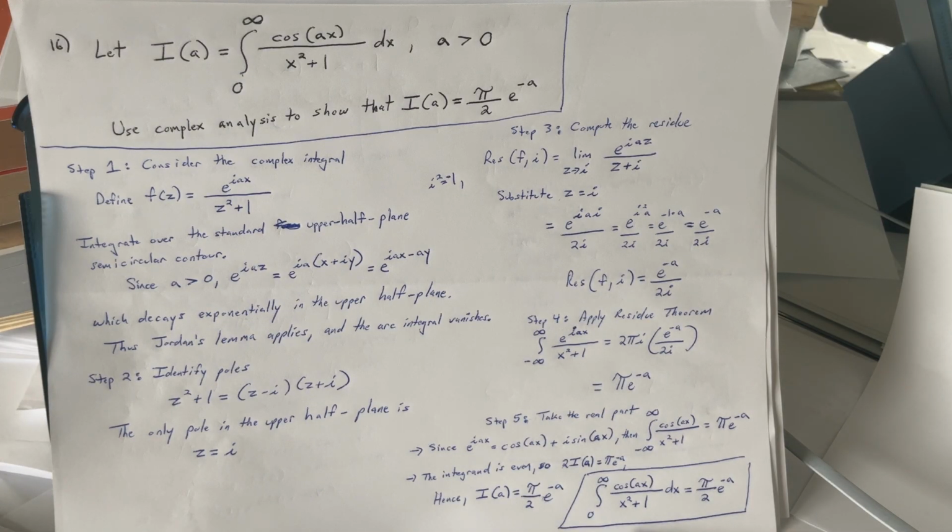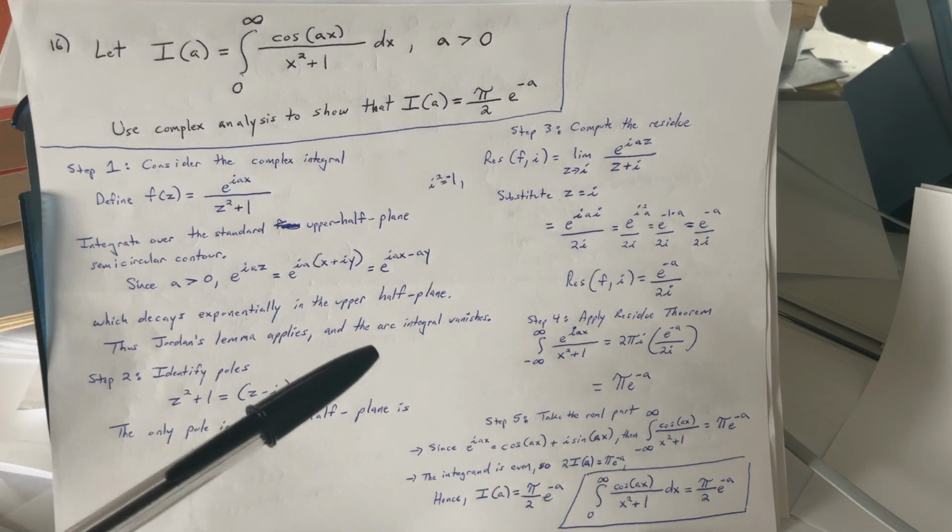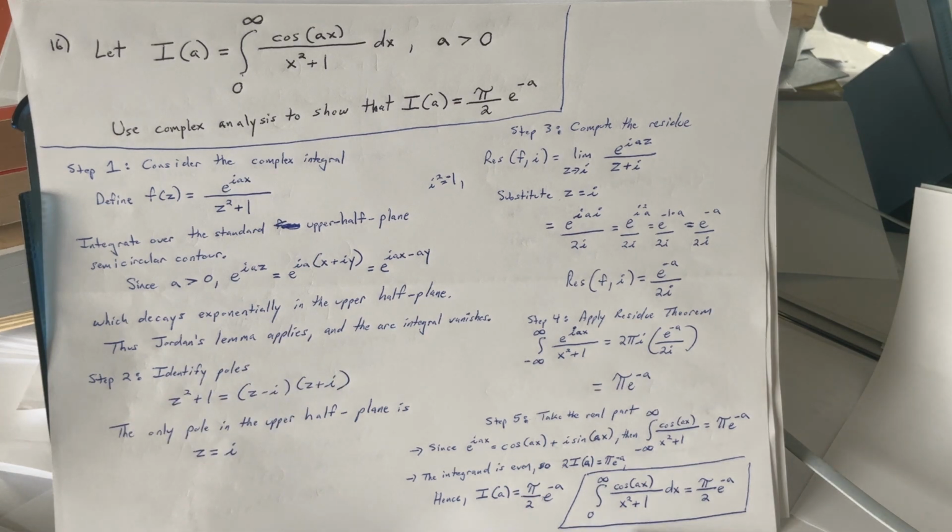So this is where Jordan's lemma applies, and the arc integral is going to vanish.